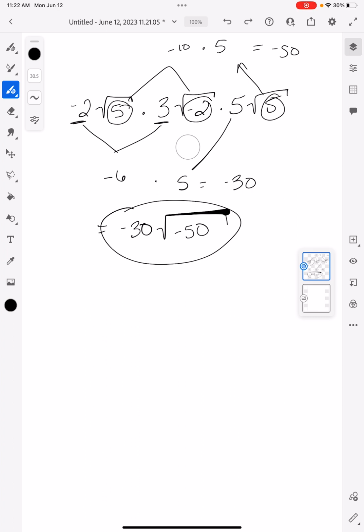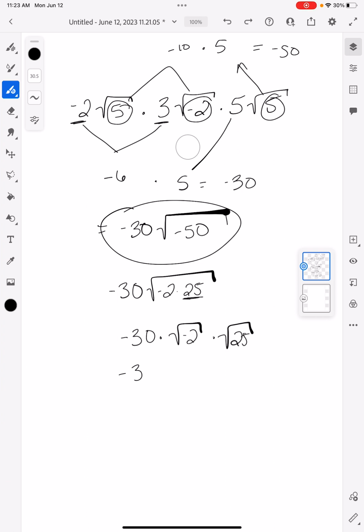So now I need to look at 50 and see if I can actually reduce it. And so I can make 50 -2 times 25. The reason I made the 2 negative is because I know that 25 is going to simplify, and that's going to become 5. So this becomes -30 times negative square root of 2 times the square root of 25.